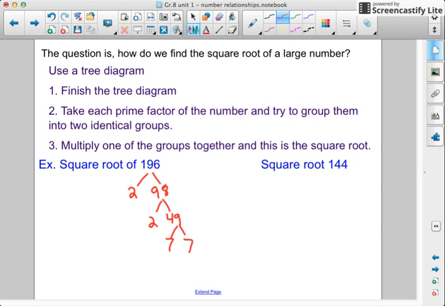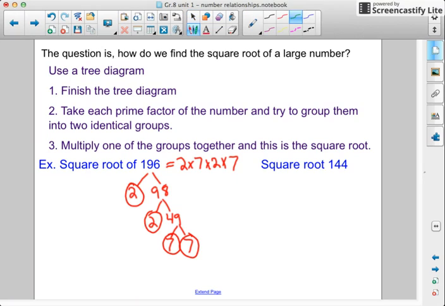So now, we've gotten down to the prime factors on the bottom of each branch. So we're going to take these prime factors, only the ones at the bottom of each branch, and we're going to write them together. So this would be 2 times 7 times 2 times 7, and make two identical groups.